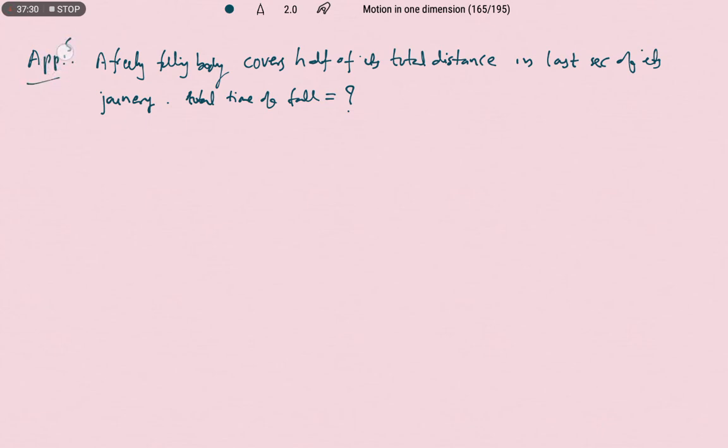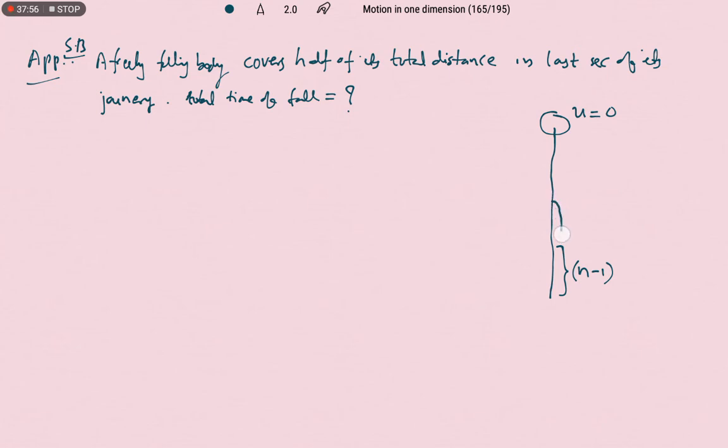The result will be the same if the scenario is like this. A freely falling body, so an object is under free fall. If it is free fall, its initial velocity is 0. Then what is given in its last second? So what is the last second? It is n minus 1. So in its last second, it covers half of the total distance.